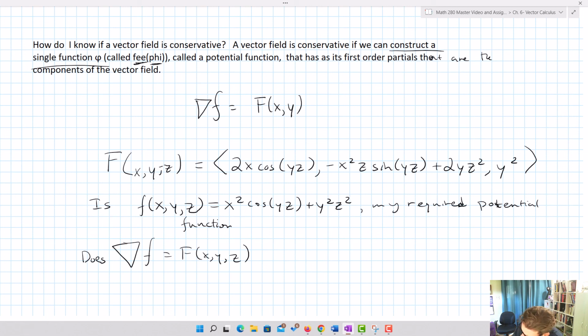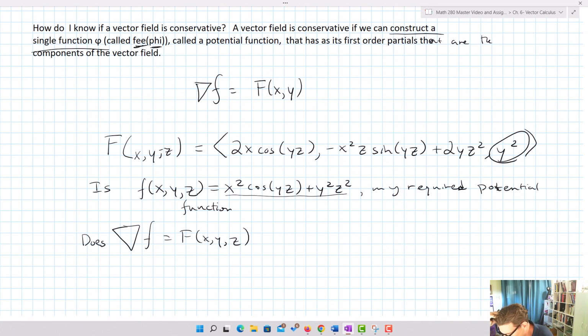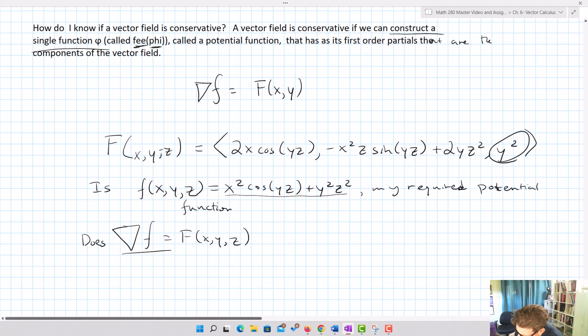Now, the first thing I'm going to look at is I've got y squared over there, and just as a curiosity, because that would be really easy to find out, I want to know whether or not the partial derivative with respect to z actually equals y squared. Because that would be part of my gradient of f.